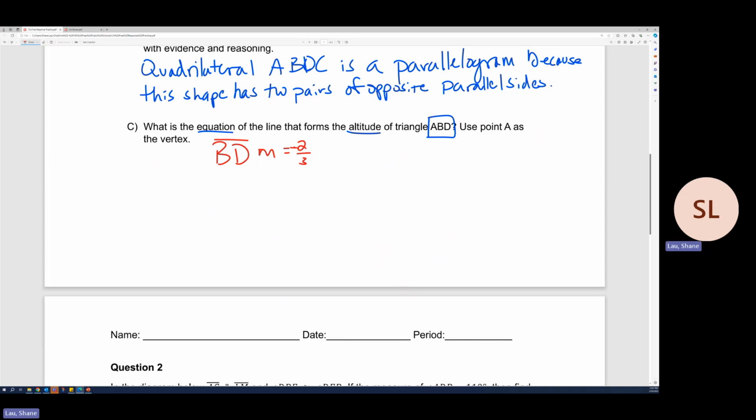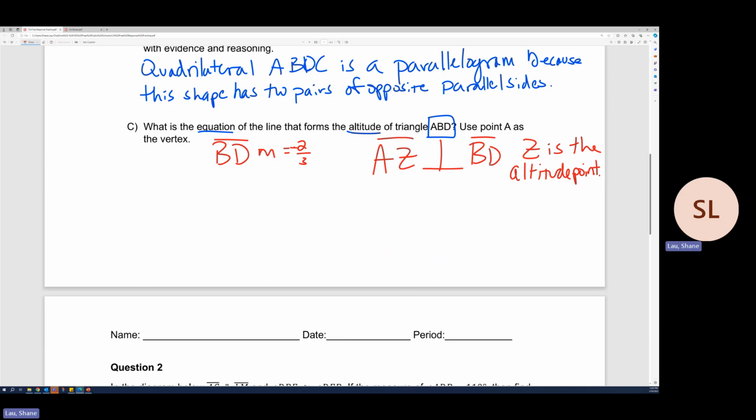Well, just choose a random letter. I chose Z to represent my point, and we'll see what that means in a second. But AZ is perpendicular to BD, where Z is the altitude point.